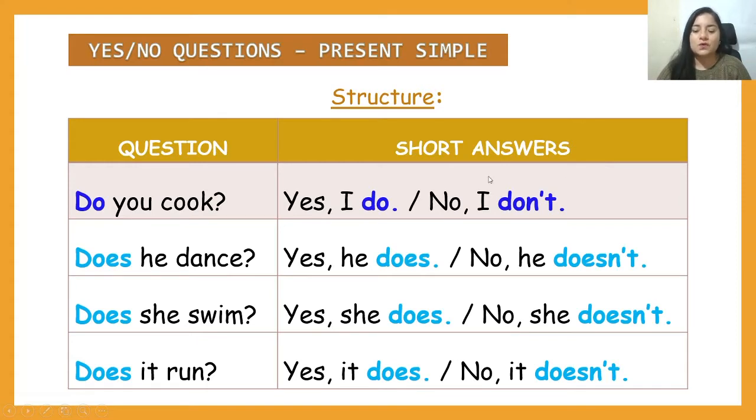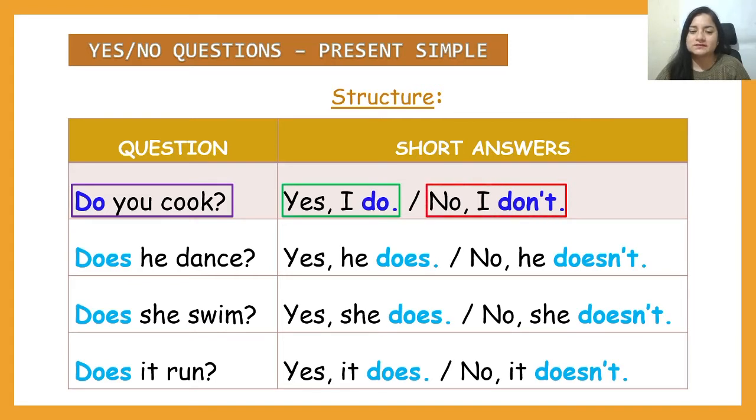Okay? So we are going to analyze the first. The first question is, do you cook? And my two short answers can be in affirmative, yes I do, or in negative, no I don't. What about if I have now the pronoun he, she, or it? Notice the difference.